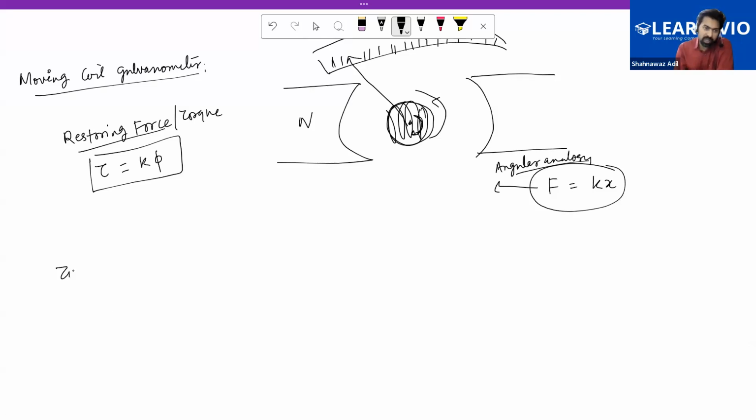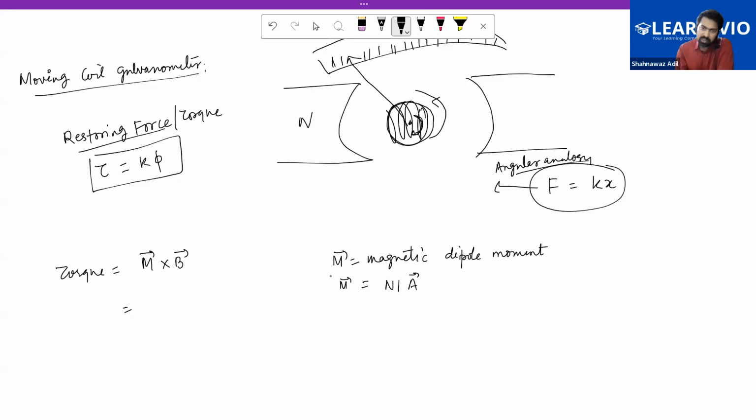Torque in a magnetic field is simply M cross B. And this M is the magnetic dipole moment, which is equal to Ni.